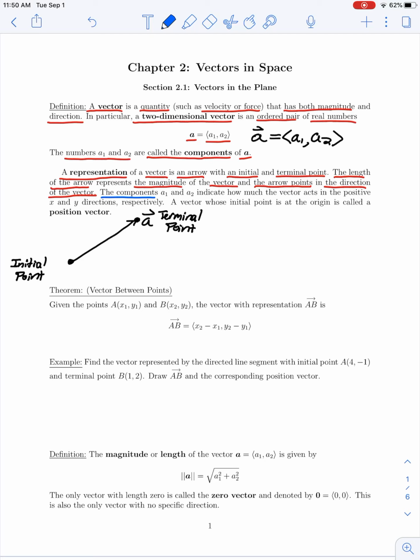Well, the components, A1 and A2, indicate how much this vector is acting in the positive x and y directions of the plane, respectively.